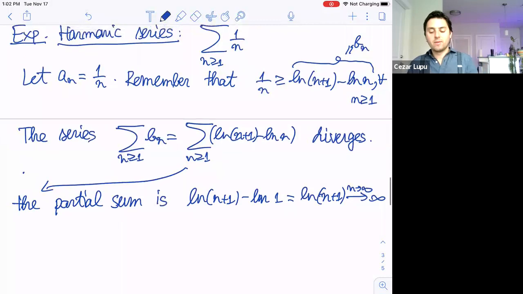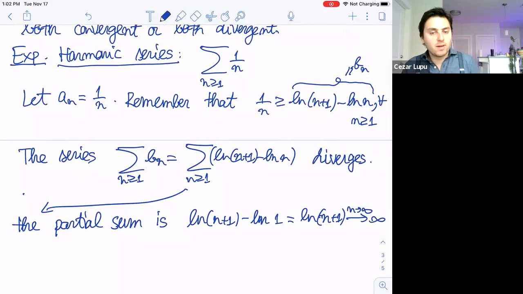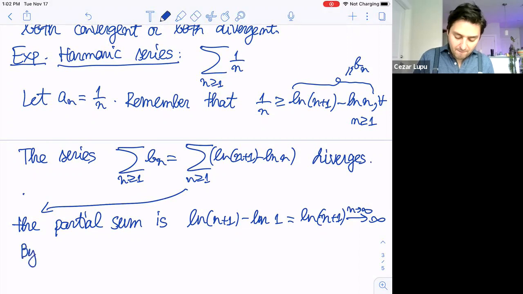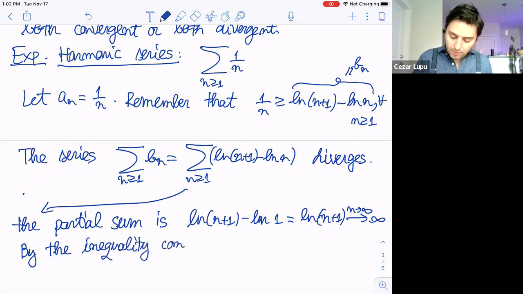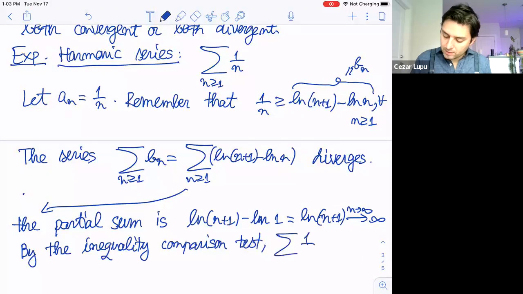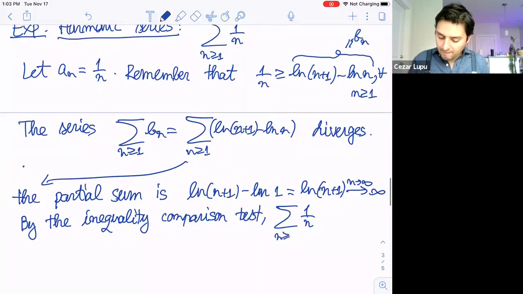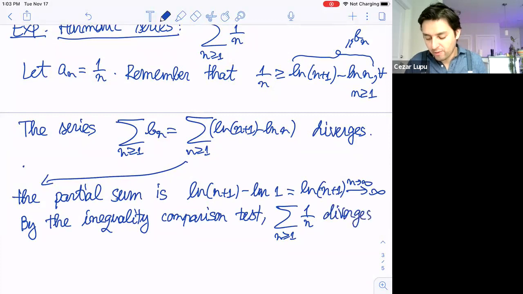And there you go. So since 1 over n is greater or equal than Bn, and the series of Bn diverges, then the series of 1 over n diverges. So by the inequality comparison test, the harmonic series diverges.